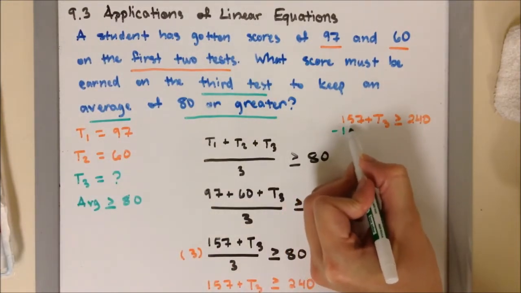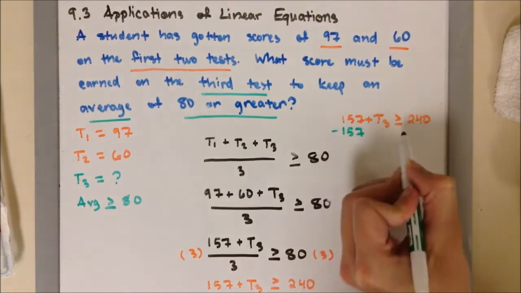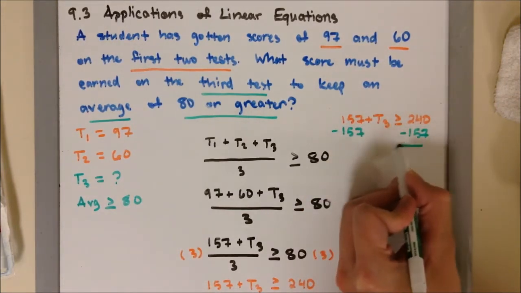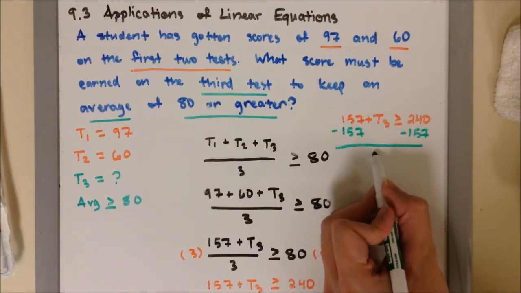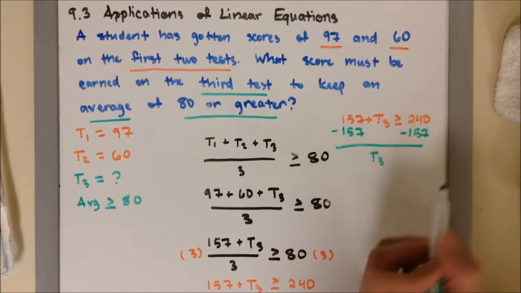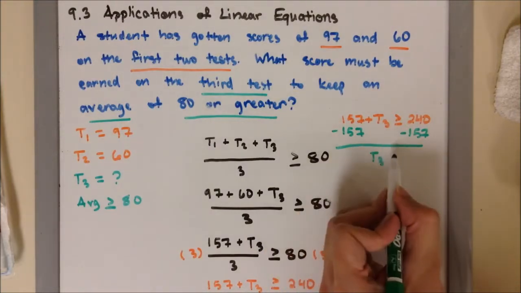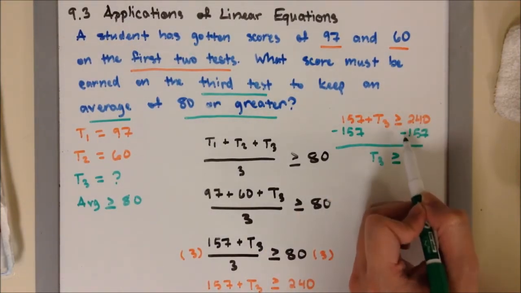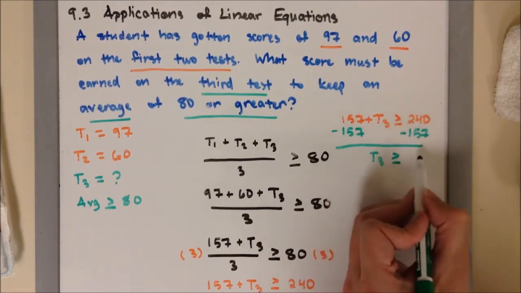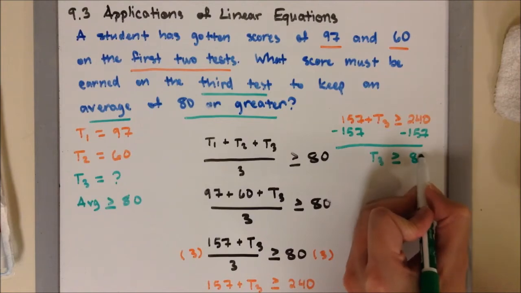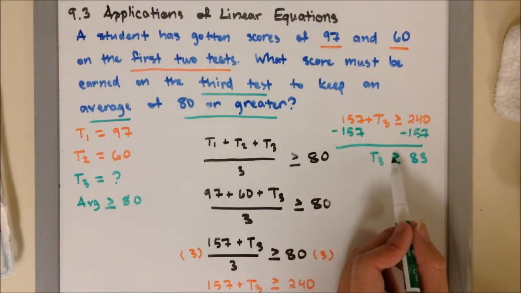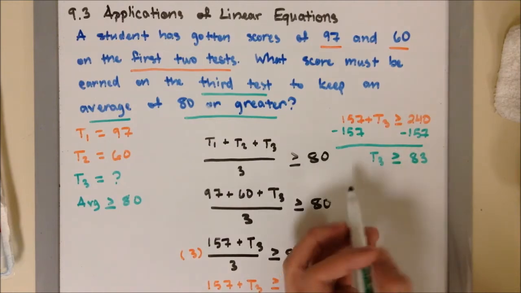So minus 157 on the left, minus 157 on the right. So T sub 3, the third test, is greater than or equal to 240 minus 157. When I subtract, it will be 83. So the third test has to be greater than or equal to 83.